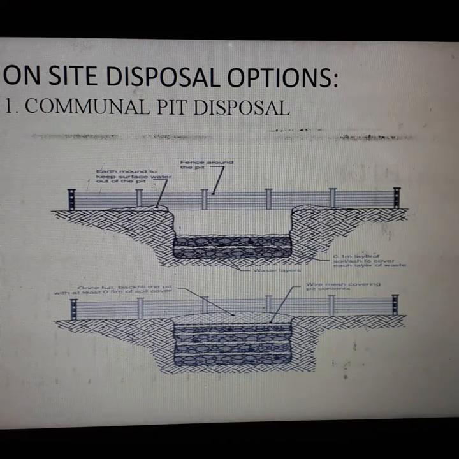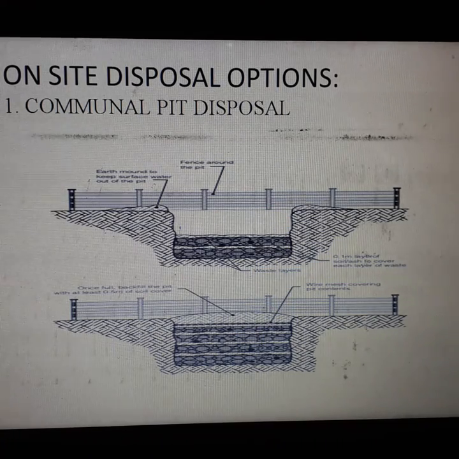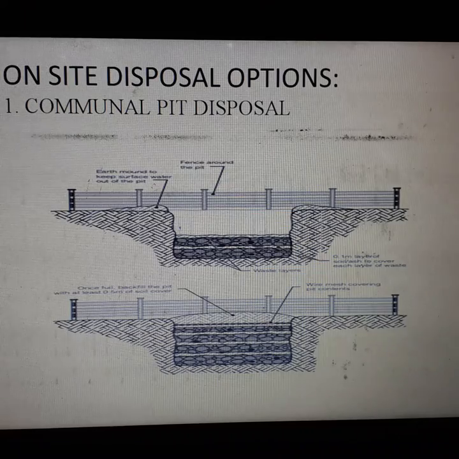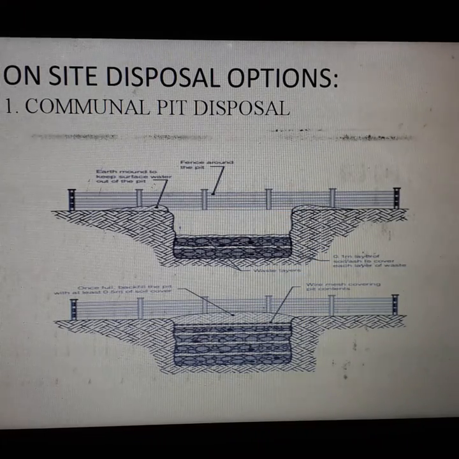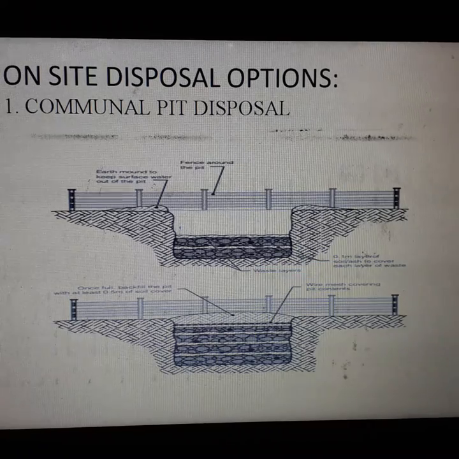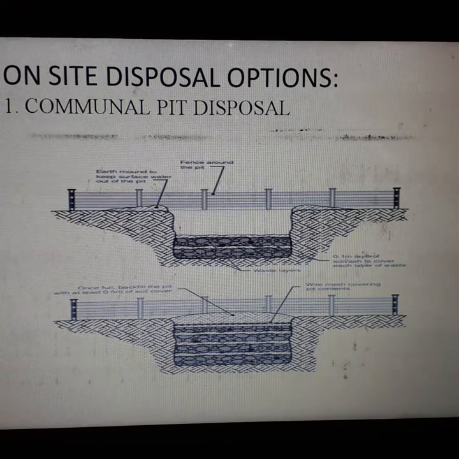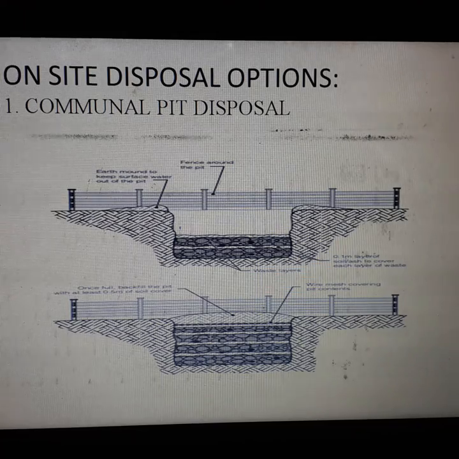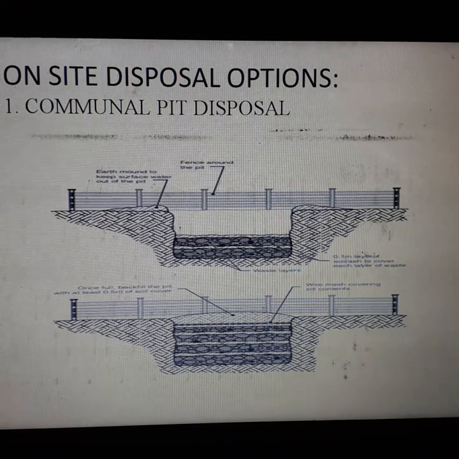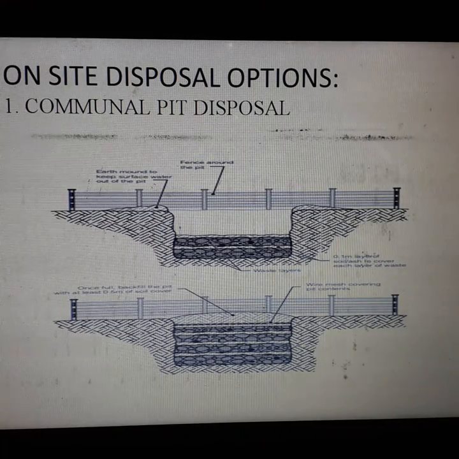Perhaps the simplest solid waste management system is where consumers dispose of waste directly into a communal pit. The size of this pit will depend on the number of people it serves. The long-term recommended objective is 6 cubic meters per 50 people.